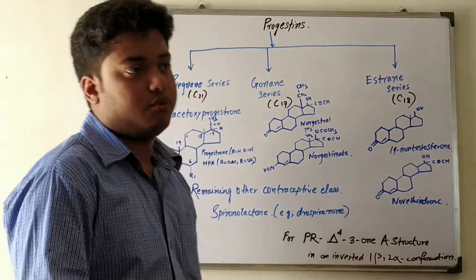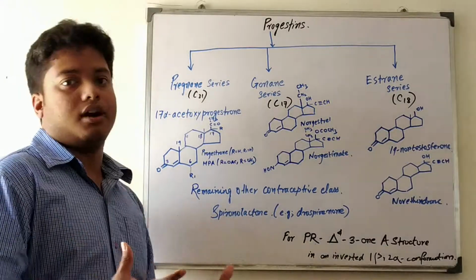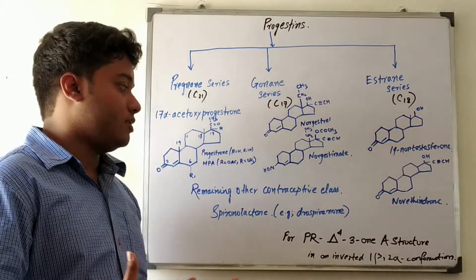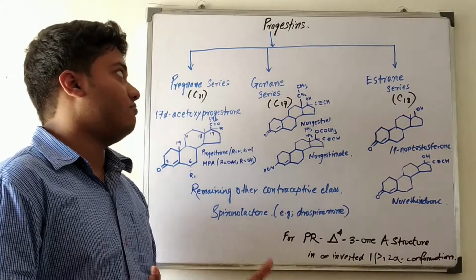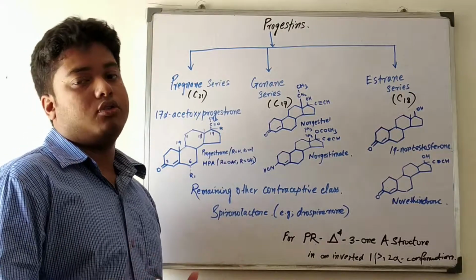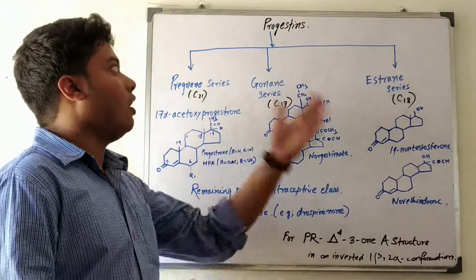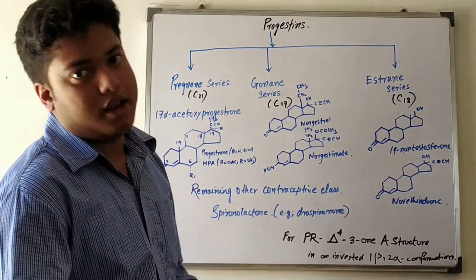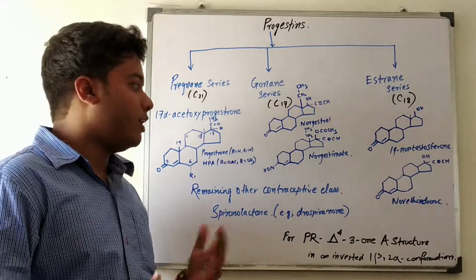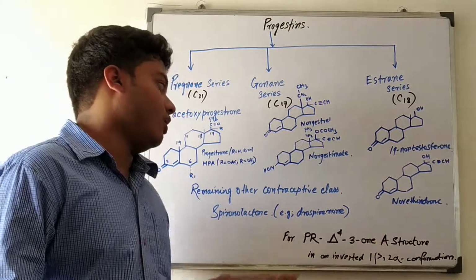That's why different drugs that possess progesterone action also give different androgenic action. There is an overlap between progesterone action and androgenic action, but the special conformation of the progesterone receptor matters.